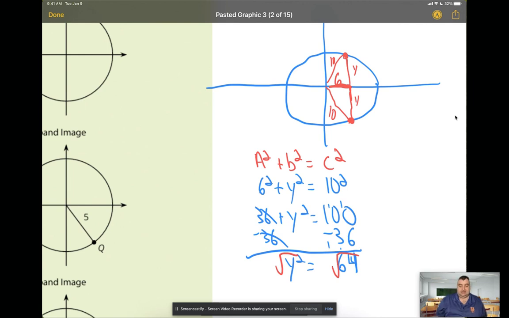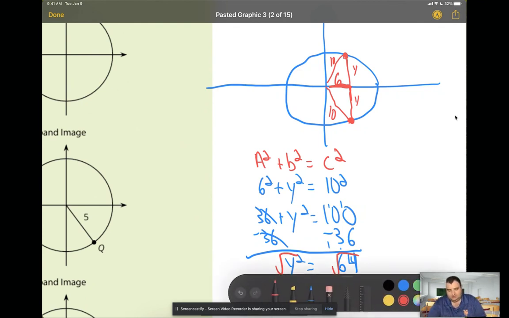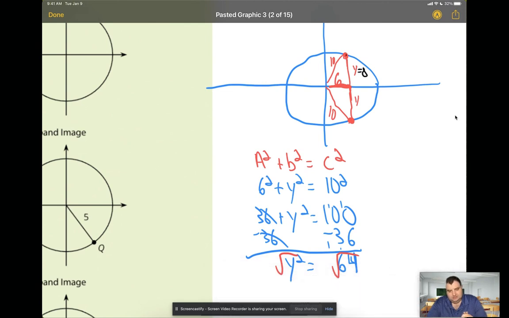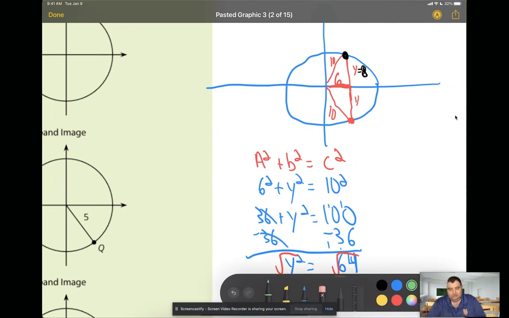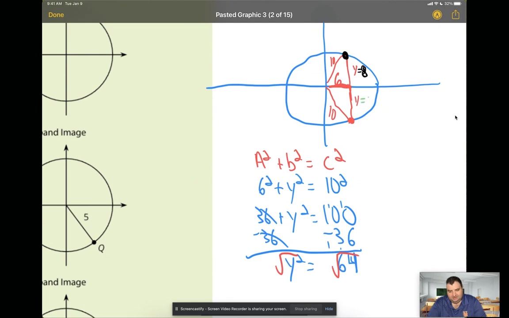And when I take the square root, it could either be 8 or negative 8, right? So if I choose to take the positive 8, if y equals positive 8, then that would be this point up here. If y were to equal negative 8, it would be this point down here. The point is there are two possibilities.